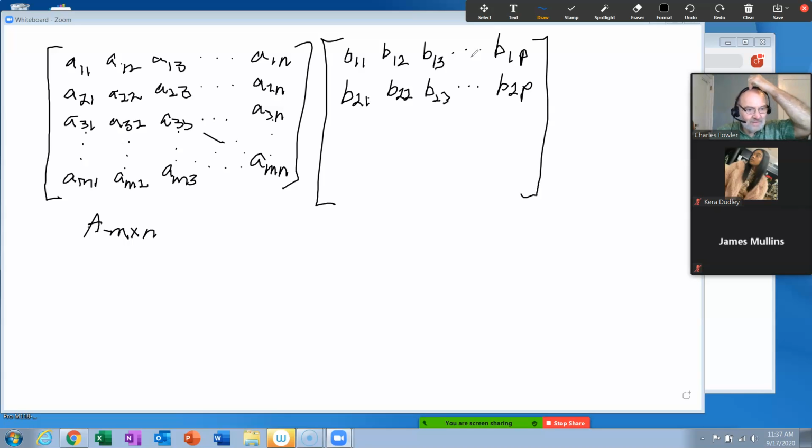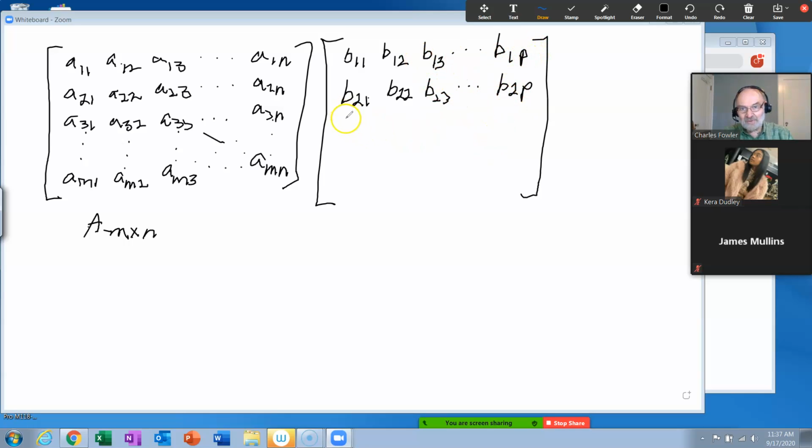James, you're here. We're doing the top of page 44. We're in Chapter 2, Matrices 2.1, Operations with Matrices, and we're doing the generic case for matrix multiplication. And I've just given you matrix A, which is an M by N matrix, M rows, N columns. And now I'm doing matrix B, which so far we see has P columns.